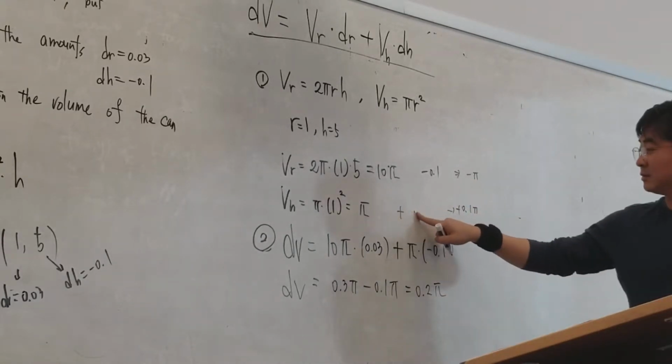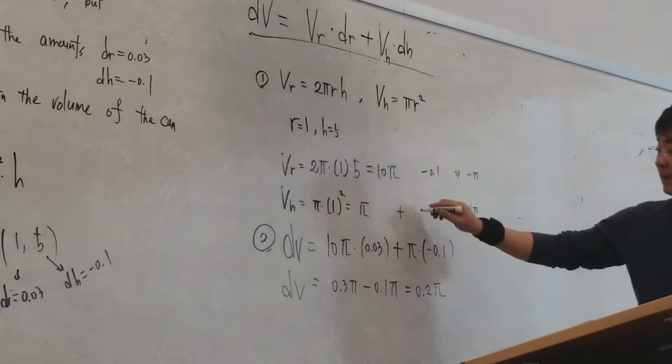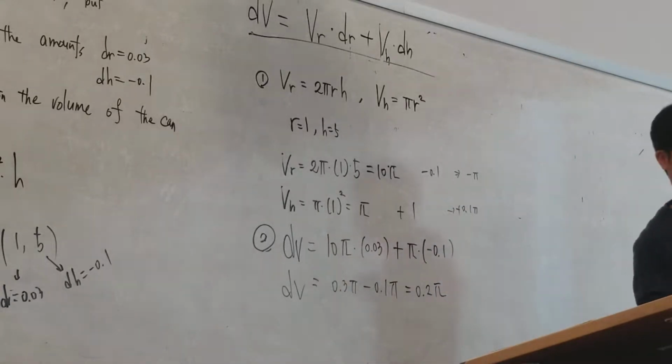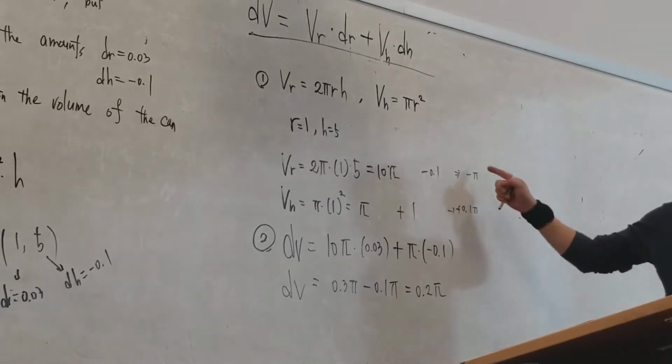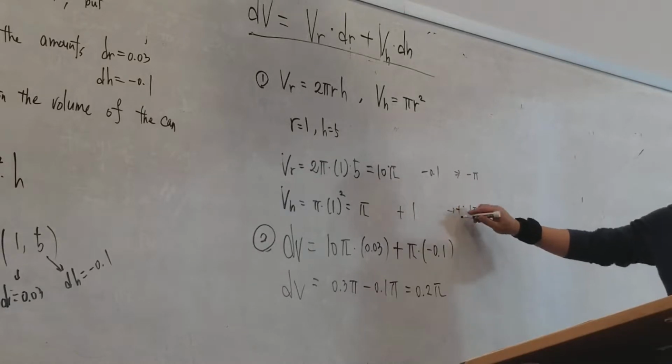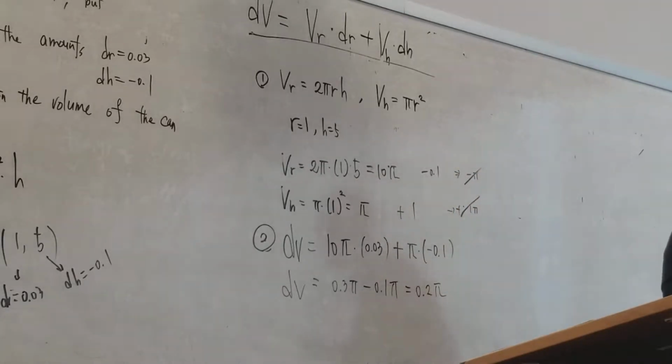Then I have to increase the height by 1 inch. Then this will change to pi and they will cancel out. Then we have the same volume as the previous one. But it looks different because the radius is small but the height is big compared to this one. Different, but same volume.